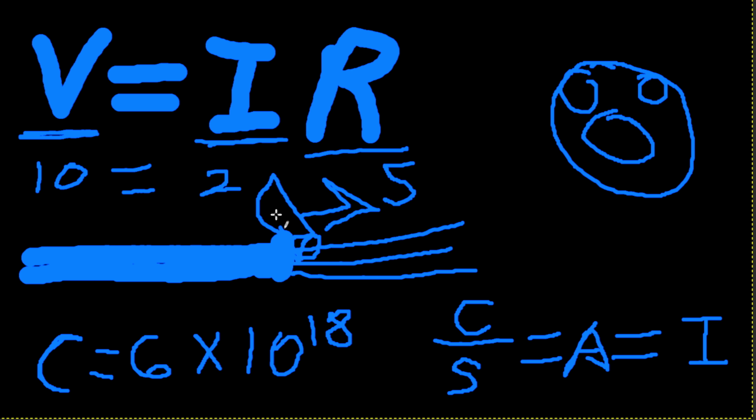But if I do something like turn the water hose up more, like double the intensity of current in that analogy, and I keep R at 5, then doubling this would make it 4. So 4 times 5 is 20. So the pressure or voltage would also be 20.